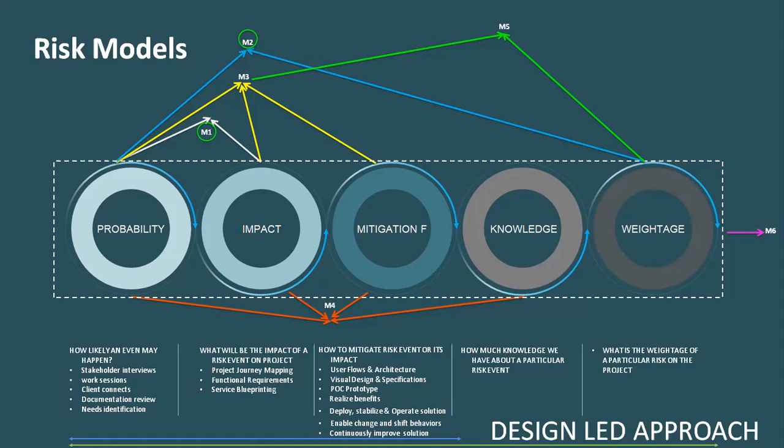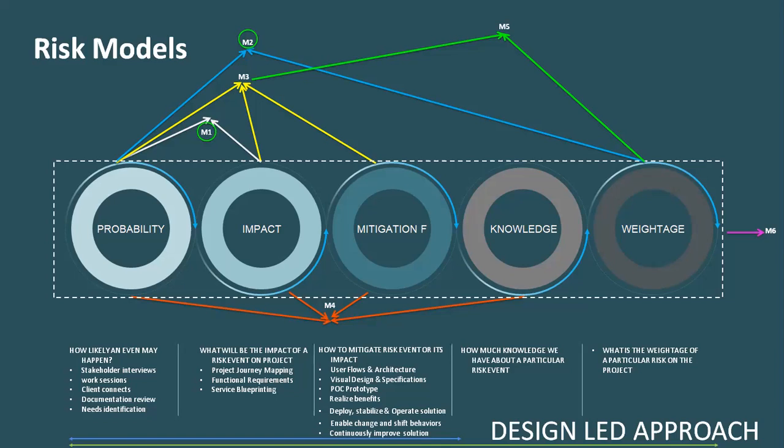As I said previously, it will never be 100%. But an expert will be able to mitigate that risk to a very large extent. Last is weightage: what is the weightage of that risk on our project or on our objective?